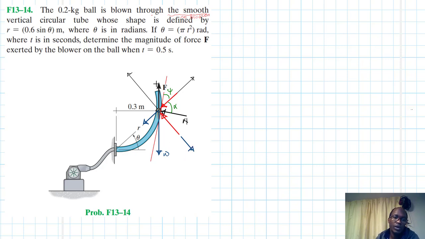And then we do have the force. So this one here we know it is theta.